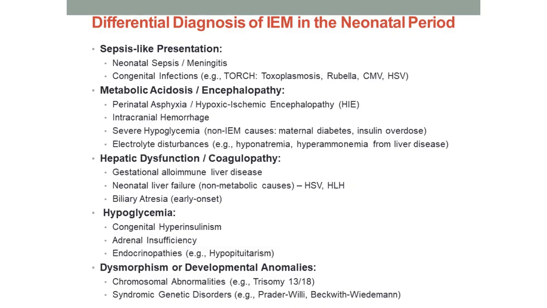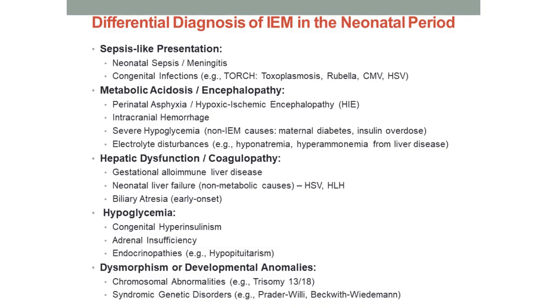There can be hepatic dysfunction or coagulopathy due to GALD, which is gestational alloimmune liver disease, neonatal liver failure, which can be due to non-metabolic causes like HSV and HLH, or early onset biliary atresia.